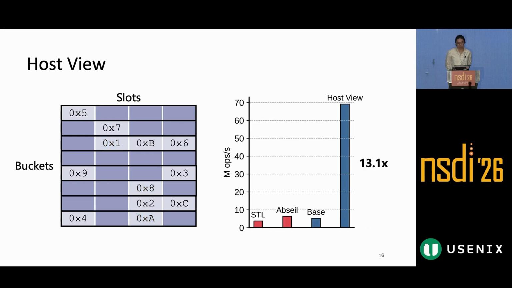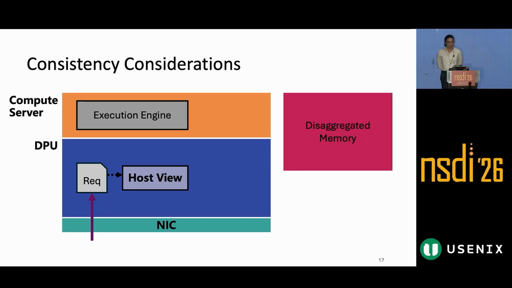This enables us to achieve a throughput of 70 million operations while running on the DPU, which is a 13x improvement over our baseline, as well as an order of magnitude improvement over off-the-shelf solutions, such as the C++ standard template library, as well as Abseil, a highly optimized implementation. So we're able to quickly determine whether a key is missing.